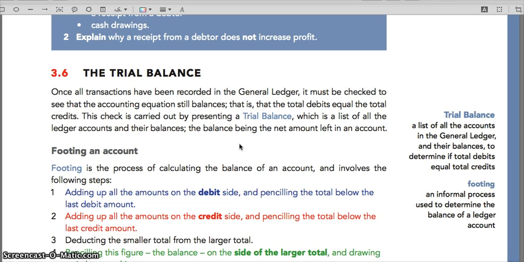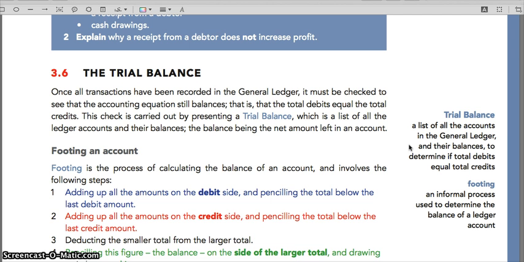So the first one we're going to do is the trial balance. So we've talked about general ledgers, and I think we're reasonably okay with that. The next stage in the process is producing a trial balance. And a trial balance basically just lists all the accounts in the general journal and their balances.